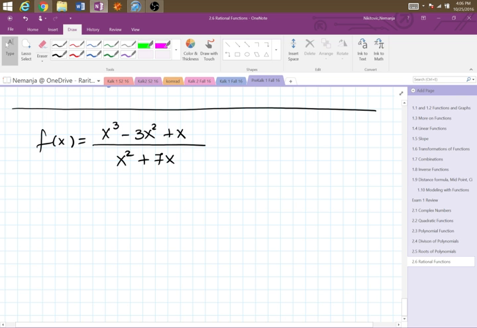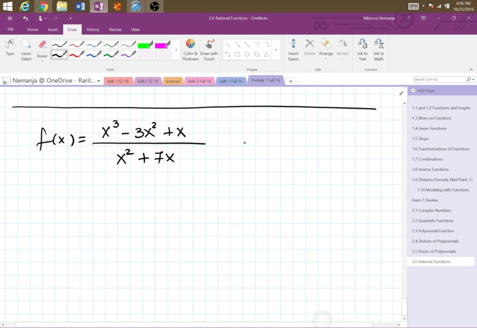So even if I cancel out x or factor out x, this will go to x squared, but this will go down to single x. This is still bigger, right? So cancellations do not affect horizontal asymptotes. They only affect vertical asymptotes. So this is still top larger than the bottom, no HA.